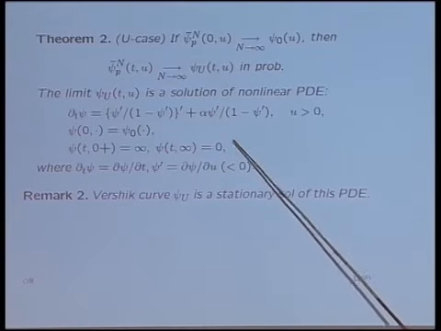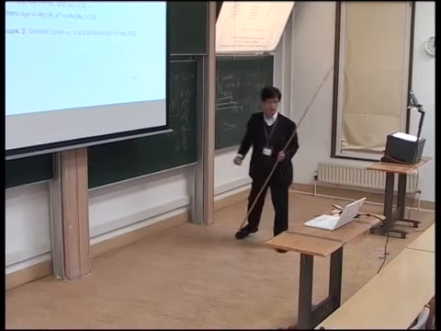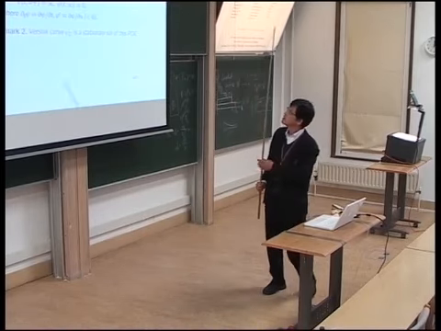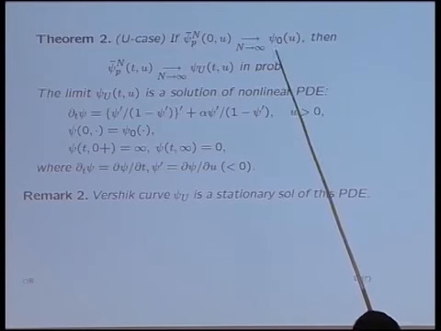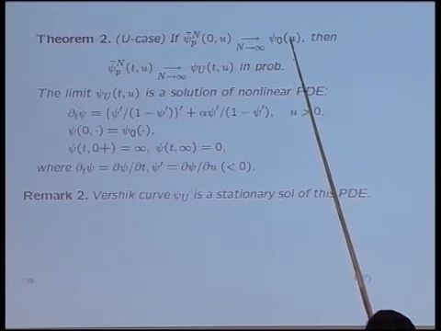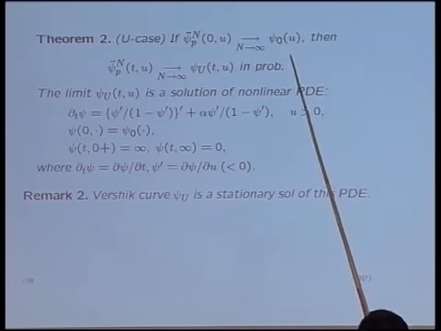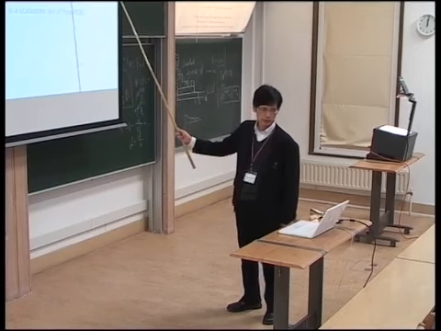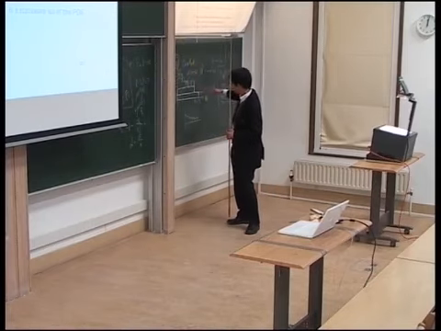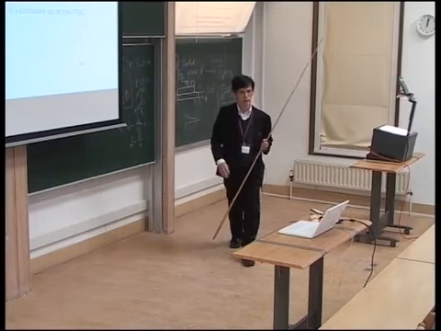And alpha appears here. Alpha is the first order term in this weak asymmetry. I assume that the initial curve is C1 and non-increasing, so the derivative is negative, because it is natural to consider that initially this curve is a decreasing function.